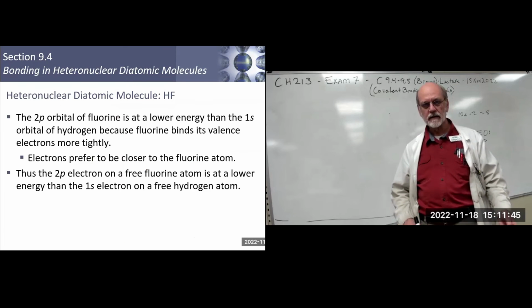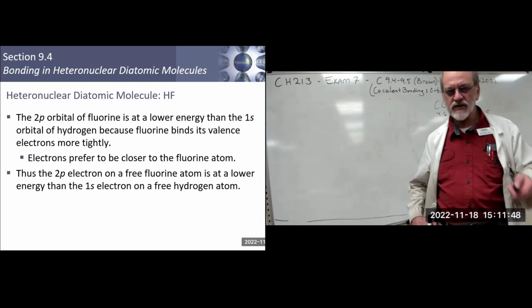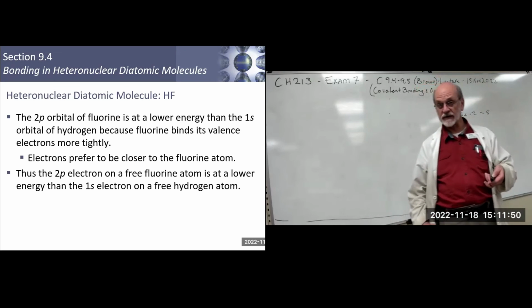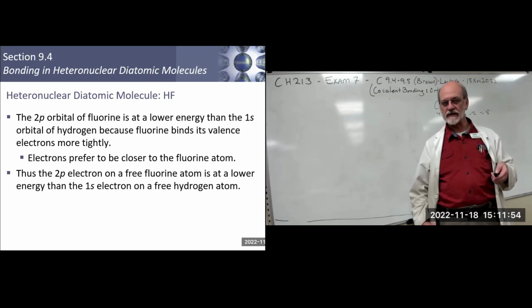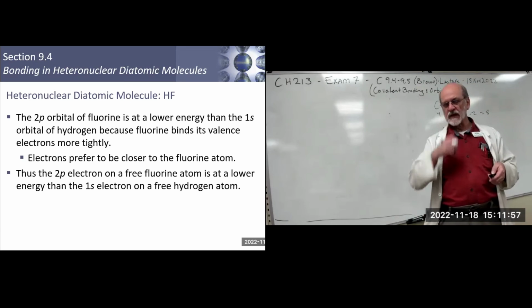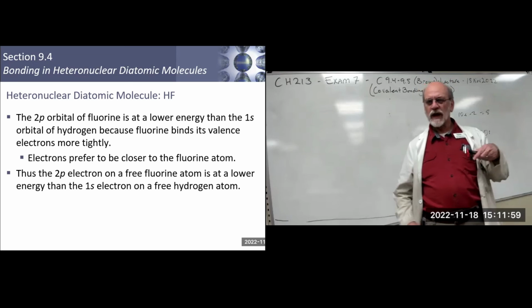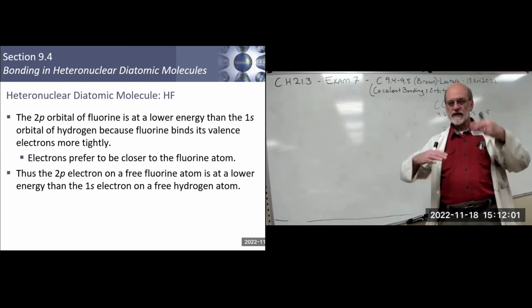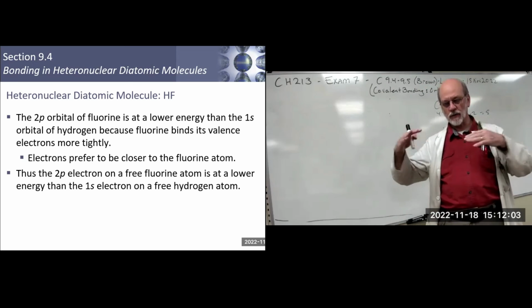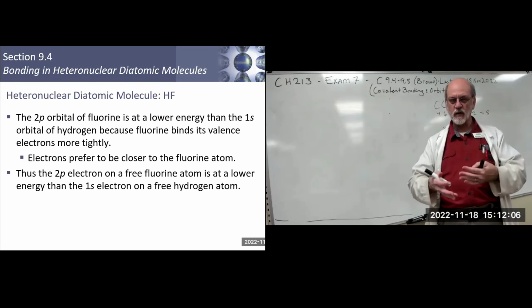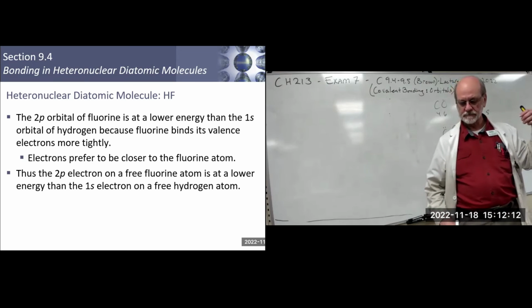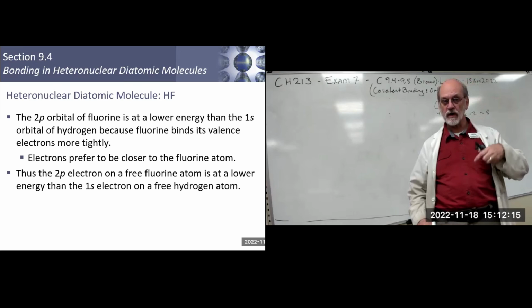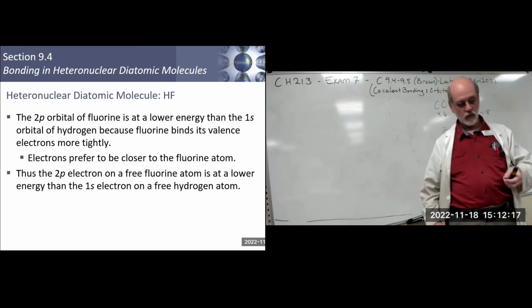All right. So let's see. HF is another possibility for a diatomic, a heteronuclear diatomic molecule. But in this case, we don't have the luxury of mixing similar atomic orbitals to make our molecular orbitals, because hydrogen only has the 1s orbital, whereas fluorine's valence shells are p orbitals. So we have to mix those.